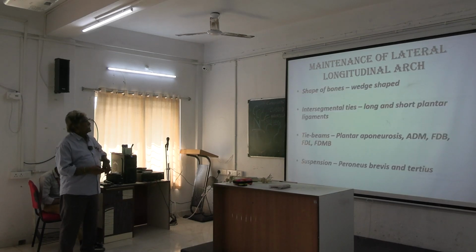Now maintenance of lateral longitudinal arch: shape of bones, wedge shaped; intersegmental ties, long and short plantar ligaments; tie beams, plantar aponeurosis, abductor digiti minimi, flexor digitorum brevis, flexor digitorum longus; suspension, peroneus brevis and tertius.